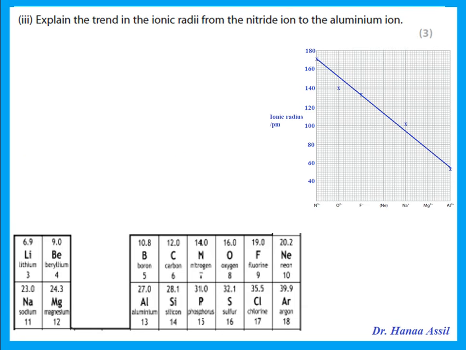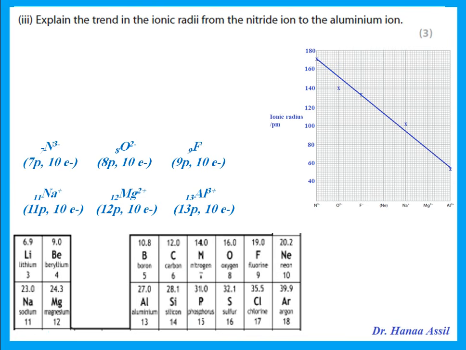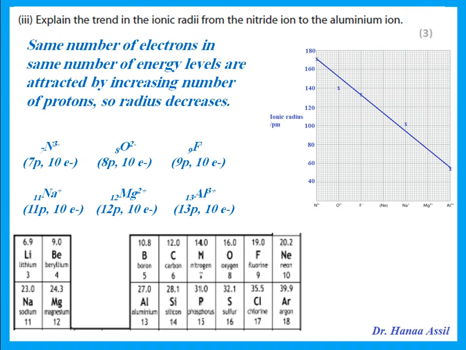From nitrogen to aluminum, you can see that the nitride ion, oxide ion, fluoride ion, sodium, magnesium, aluminum ions, they all have the same number of electrons. But they differ in what? They differ in the number of protons inside the nucleus. So why is the ionic radius decreasing?